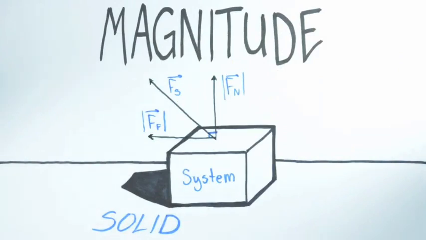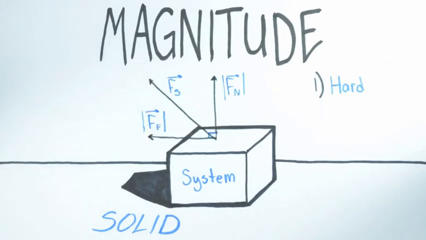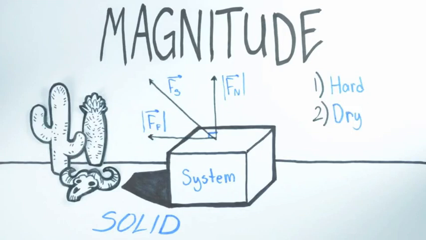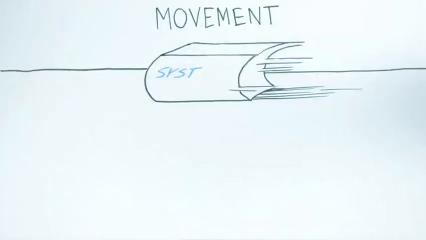This can be done when the system and the surroundings are both hard materials and the surface between the system and the solid is dry. Then we can relate the magnitudes depending upon whether the system moves relative to the solid or is at rest with respect to the solid. Let's consider the moving case first.